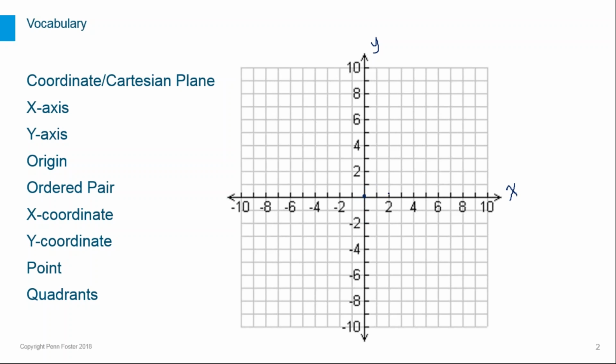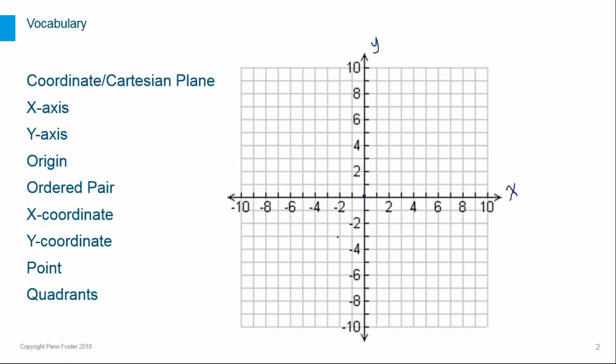To plot points, we basically locate the point on the coordinate plane and give it an ordered pair. The ordered pair will determine the x and the y coordinates of that point. As you see on the plane, we divide the plane into 4 quadrants, and a quadrant is basically a quarter.